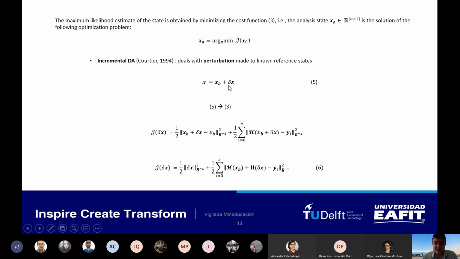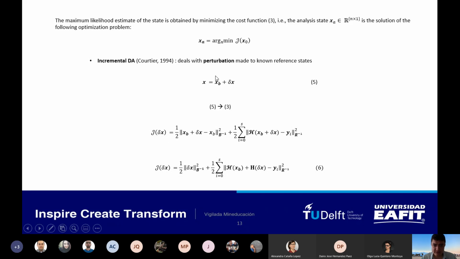Courtier in 1994 proposed incremental data assimilation. That is a method to make the minimization process more sure, more confident, in order to get closer to the minimization point without having problems with convergence.